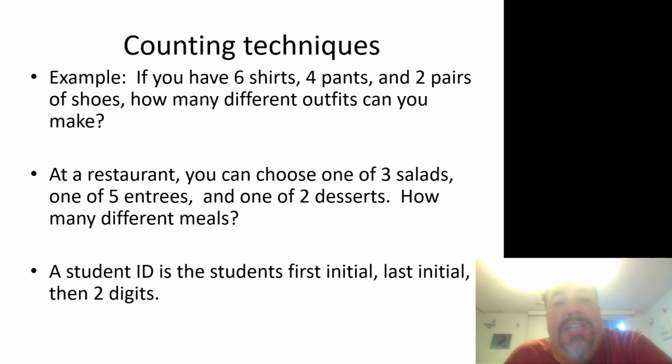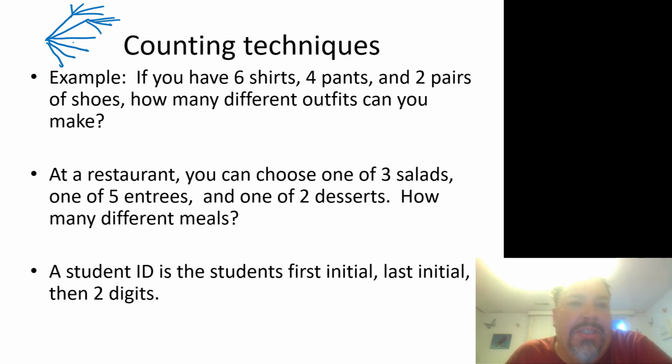So the first example, say you have 6 shirts, 4 pants, and 2 pairs of shoes. Using this, and assuming you don't care if the things actually match, how many different outfits can you make? Now, one strategy would be you could actually draw a tree diagram. So your first choice, you have 6 different options: 1, 2, 3, 4, 5, 6. Imagine you got this tree, and then off of each of those, you're going to have 4 branches coming off of each of those.